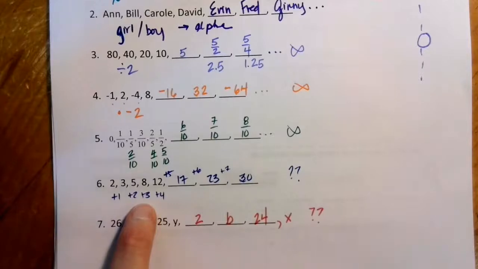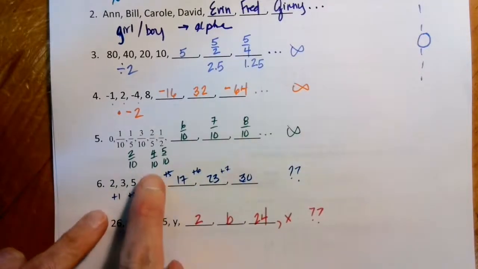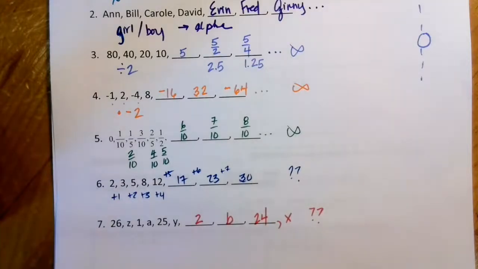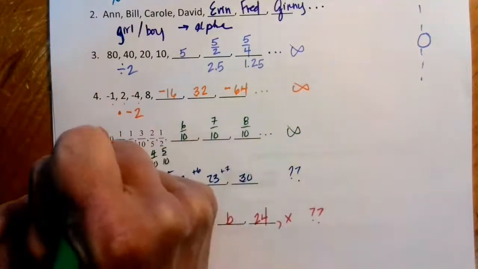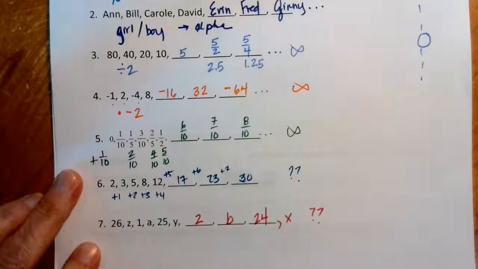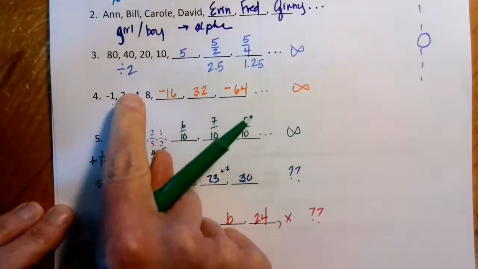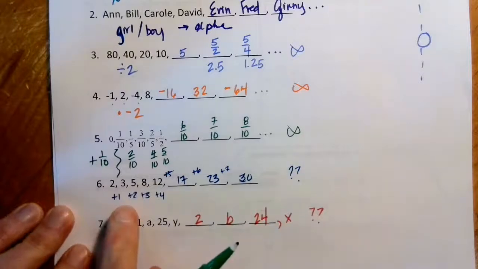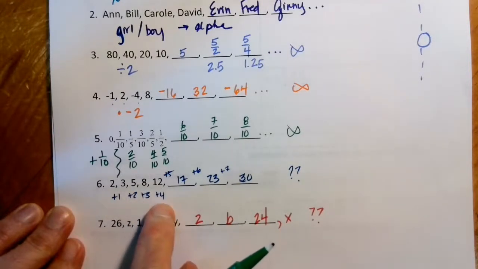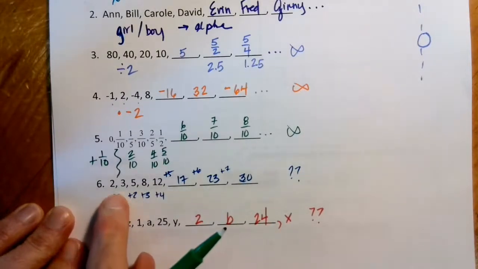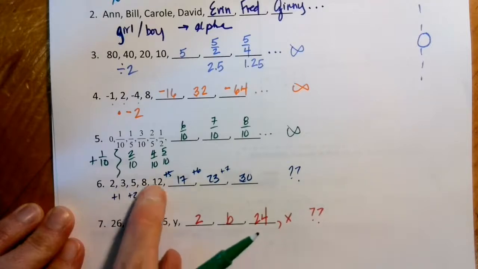So check out this one. It's a little bit different because instead of having the same thing happening over again, like adding 1/10 or multiplying by -2 or dividing by 2, we're adding something different each time. So we're adding 1, then adding 2, then adding 3, then adding 4.